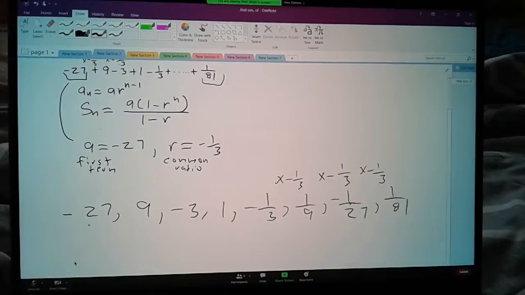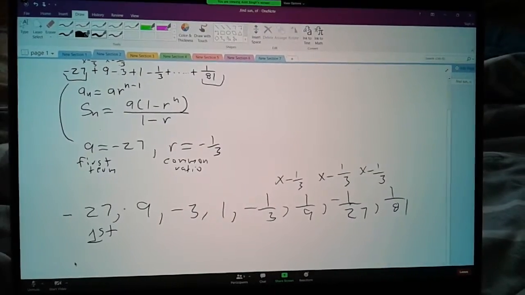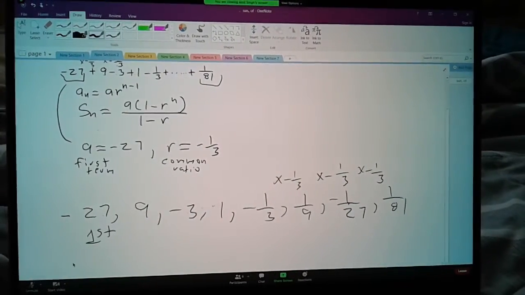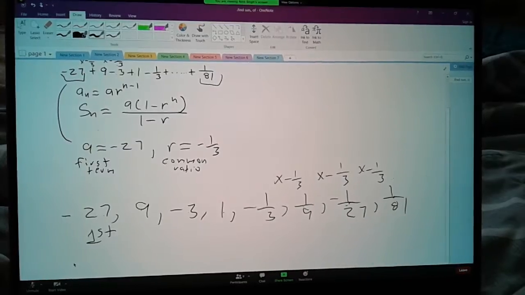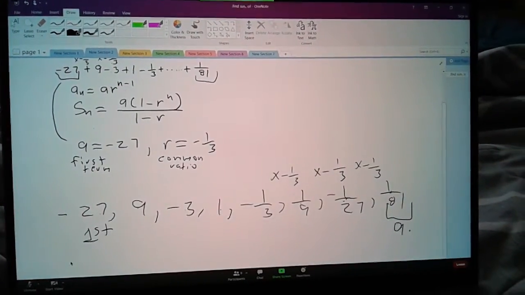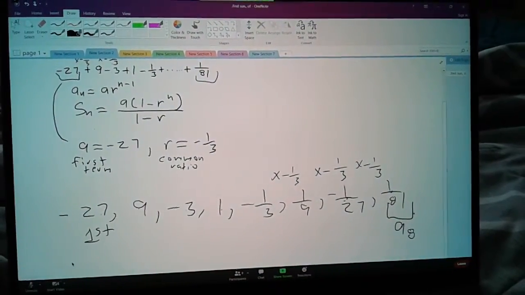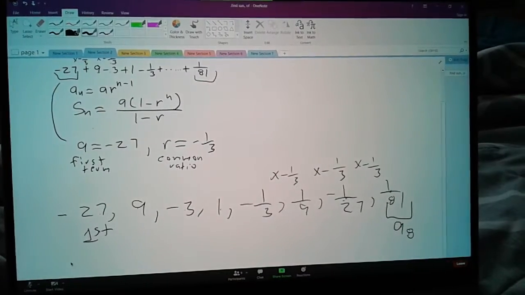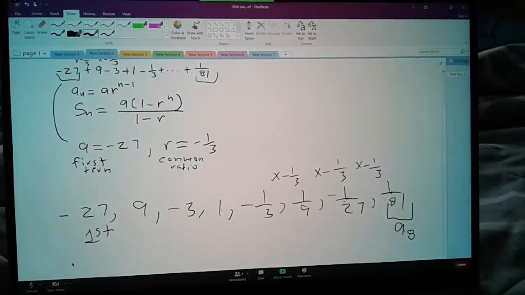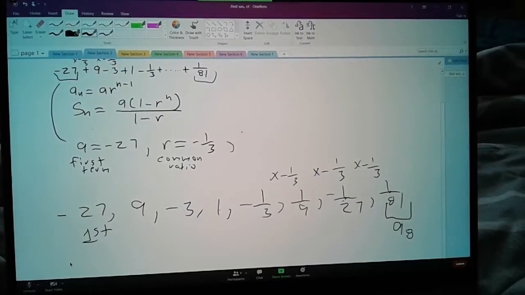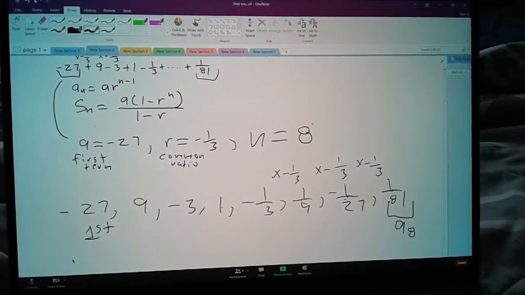So you can see this is the first one, the negative 27. We have 1, 2, 3, 4, 5, 6, 7, 8. So my n is going to be 8.